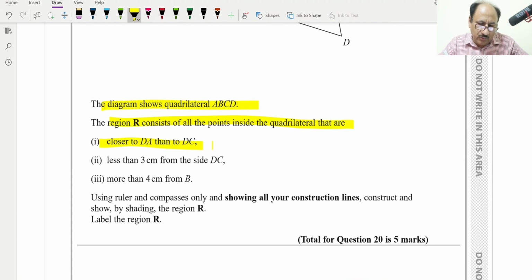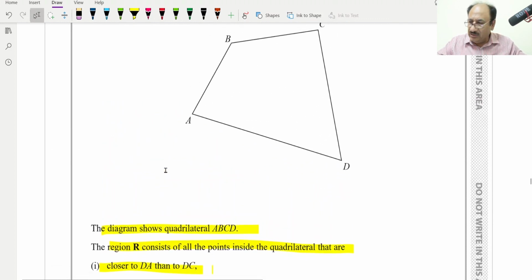So closer to DA than DC, it means we have to draw a line, so it should be closer to DA. DA is this side, so closer to this side.